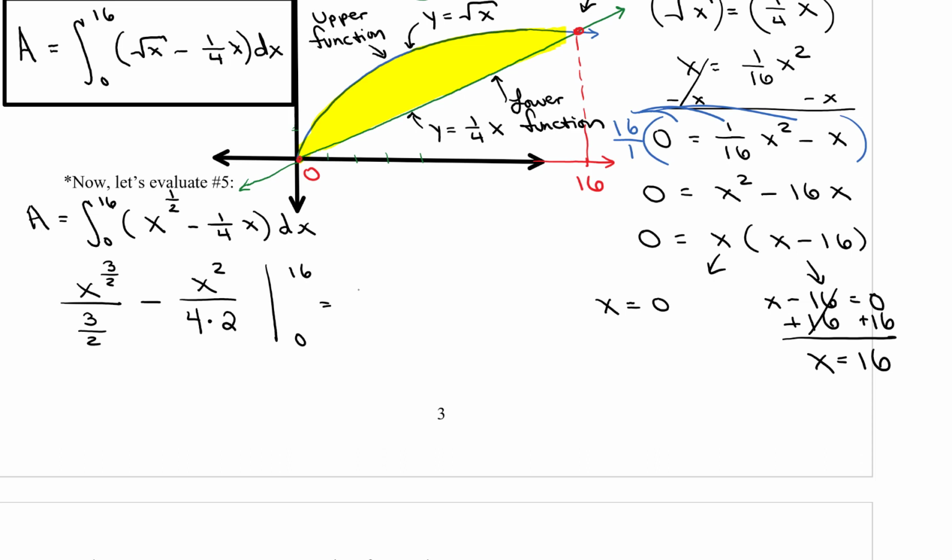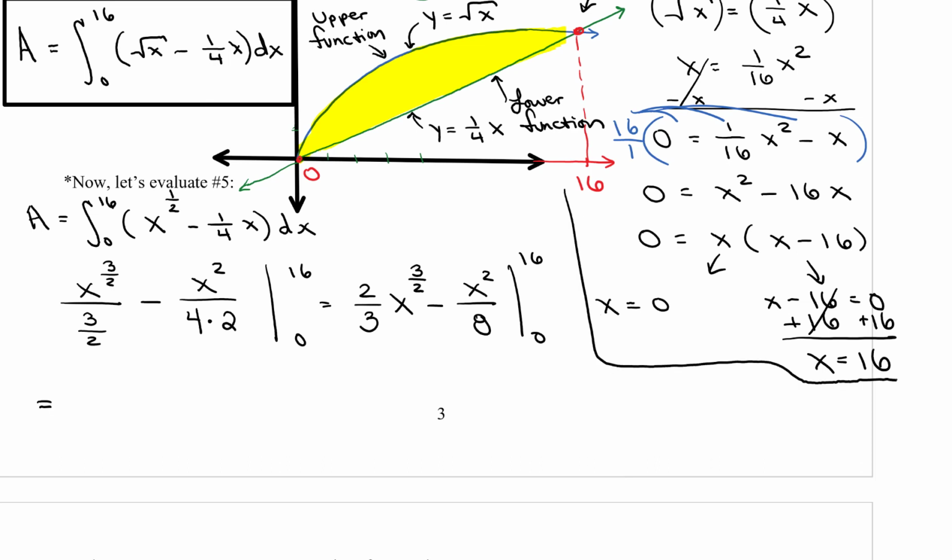This is going to be equal to 2/3 x raised to the 3/2 power minus x squared over 8 evaluated from 0 to 16. And I'm drawing a vertical line here separating my work from evaluating this definite integral and the work that I had done previously where I was finding those x values for those points of intersection.